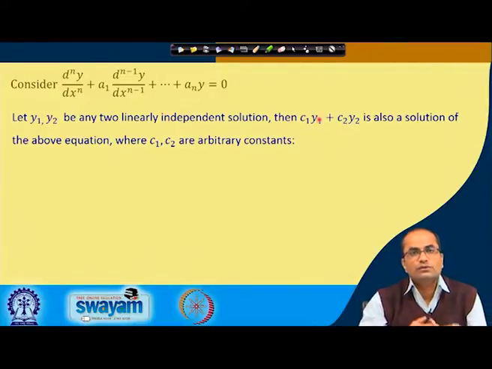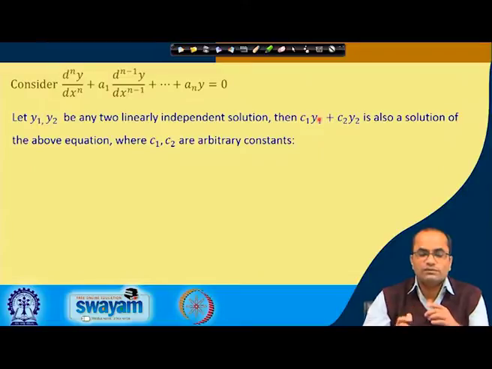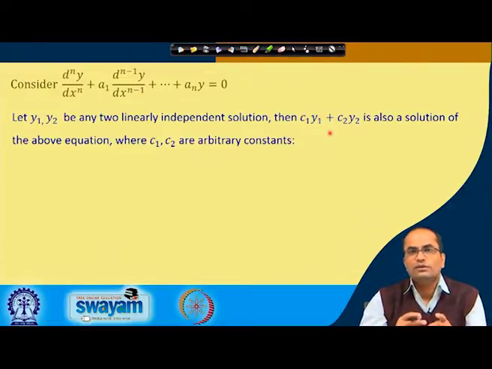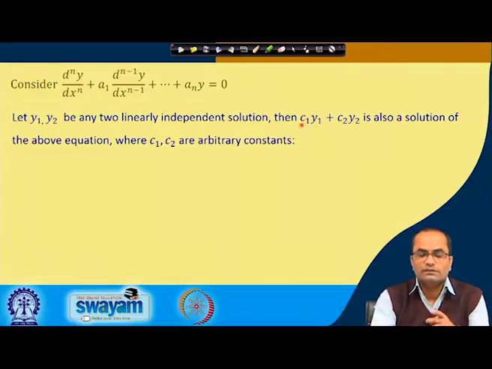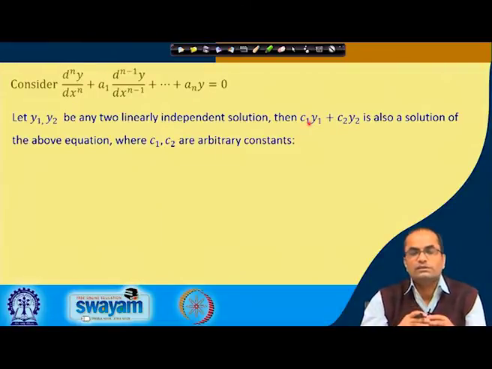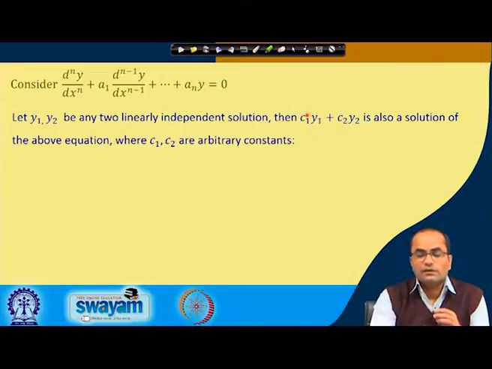So, what we will show here is that if we have two linearly independent solutions y 1 and y 2, because if they are not linearly independent, c 1 y 1 plus c 2 y 2 itself does not make sense. With two arbitrary constants here, we can have only one constant in that case, because if one depends on the other, we can write one in terms of the other.